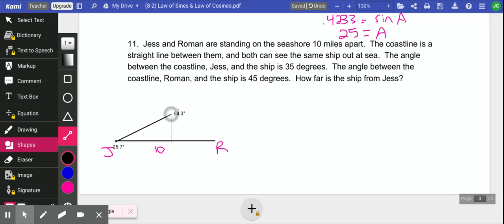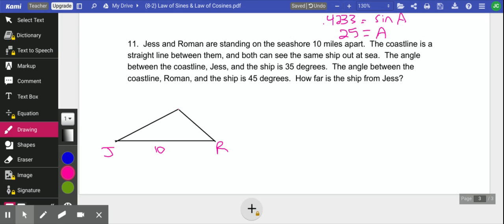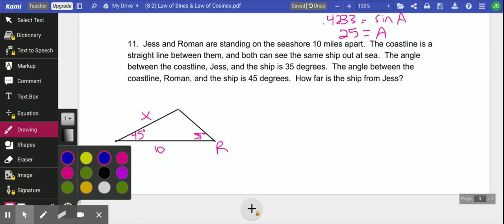Okay, so Jess can see the ship, and so can Roman. The angle at Jess is 45 degrees, and the angle at Roman is 35 degrees. And I didn't draw that correctly, but that's okay. Picture is not to scale. We want to know how far is the ship from Jess? X. That's what we're trying to find.